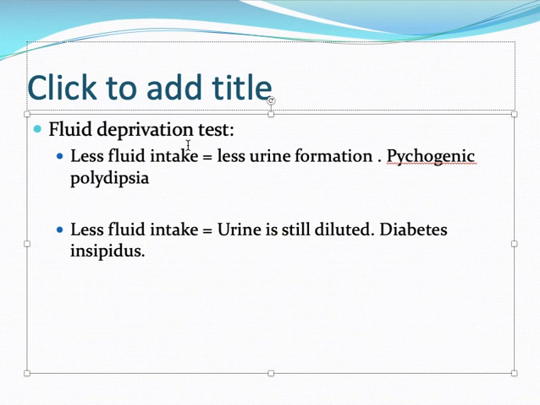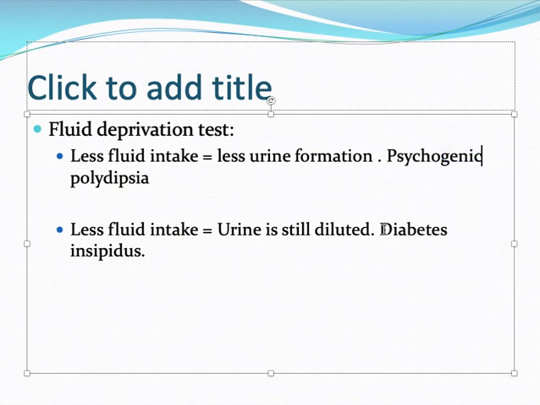Once we deprive anyone of fluid, if the urine output is still higher and urine osmolarity is still lower, then it is diabetes insipidus. But if you restrict their fluid in the fluid deprivation test and their urine osmolarity increases and their urine volume decreases, that is the case of psychogenic polydipsia.